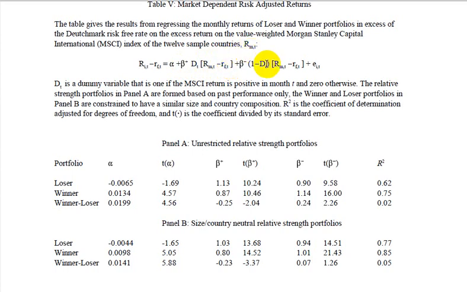But since D_t is 1, this other term becomes 0 and cancels out that whole piece. The same thing happens, but vice versa, in a bear market. This will be 0, but this will be 1, so it will keep this piece. In that way we can see the coefficients in a bull market and the coefficients in a bear market.